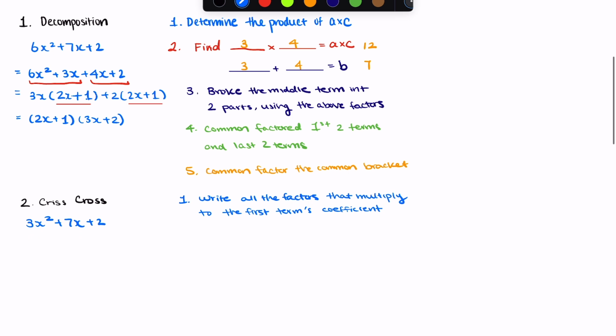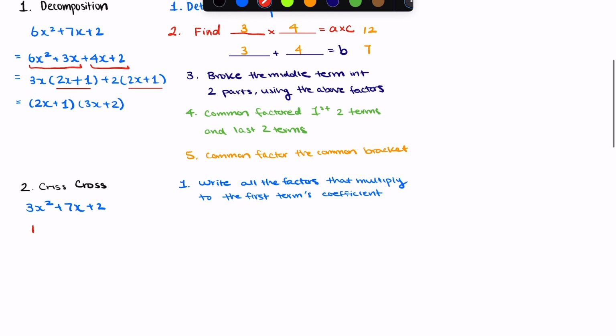In this situation, the factors that we would see are 1 and 3. So we can write that down. We'll write 1 and 3.